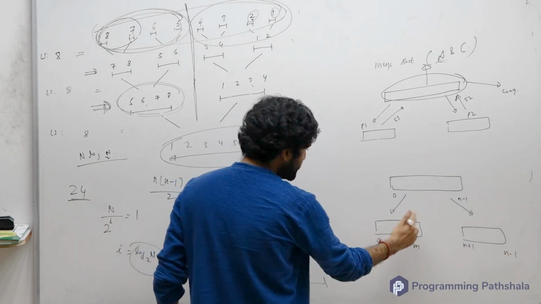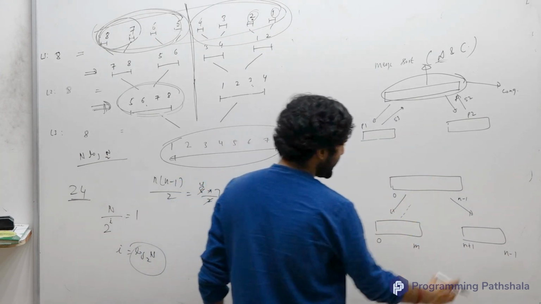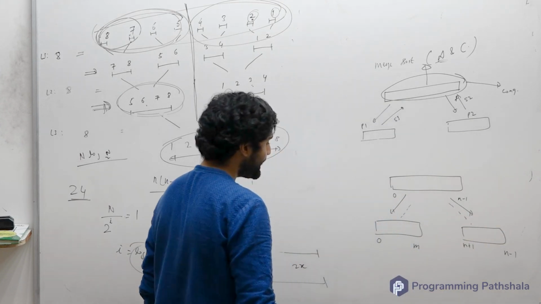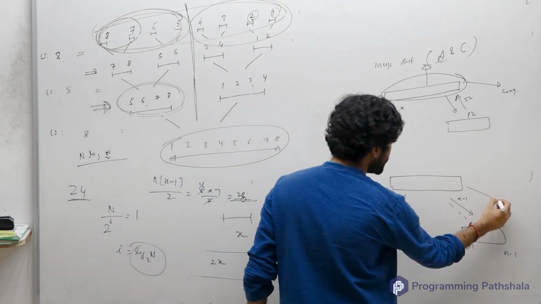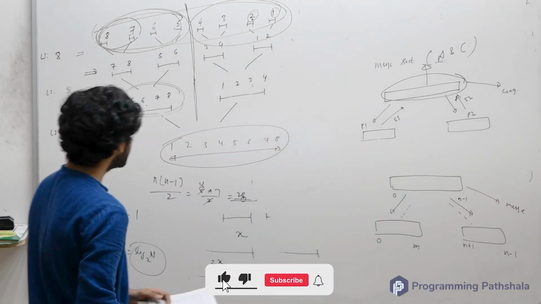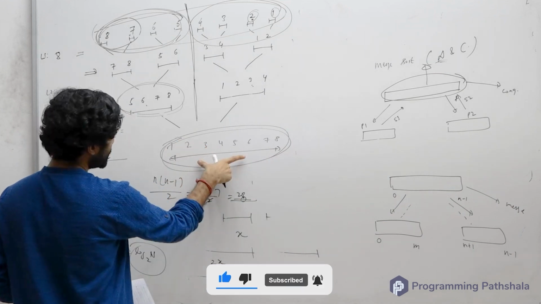By the time the first function exits, its half would have got sorted. By the time the second function exits, that half would also have got sorted. Now the final thing you can do is merge the two sorted parts.